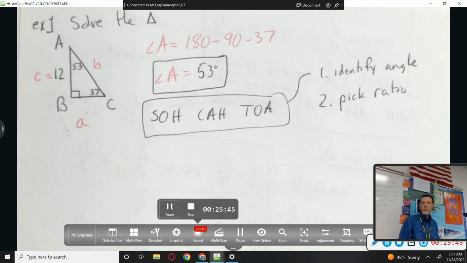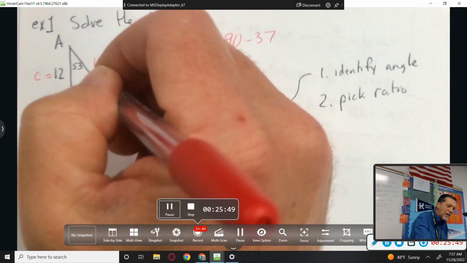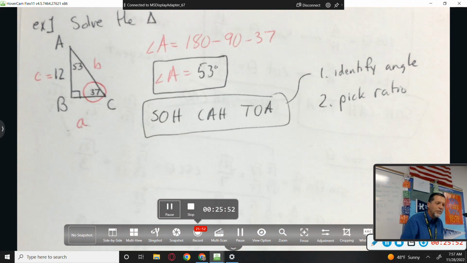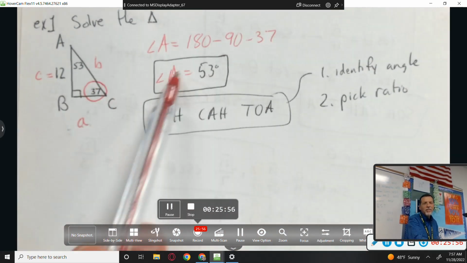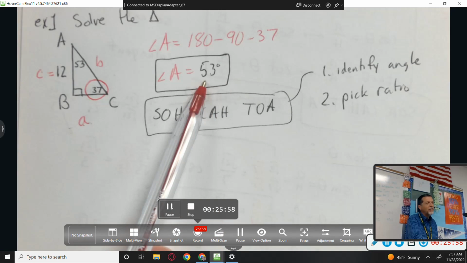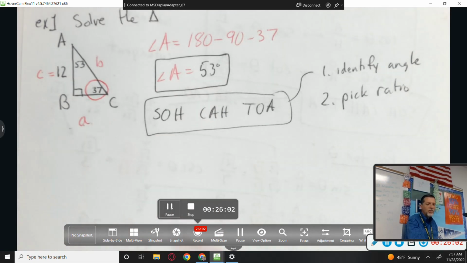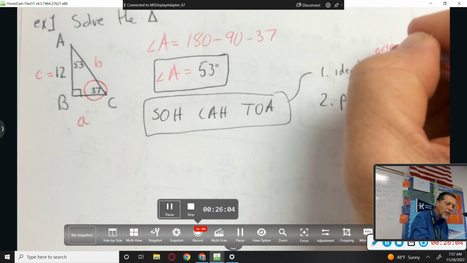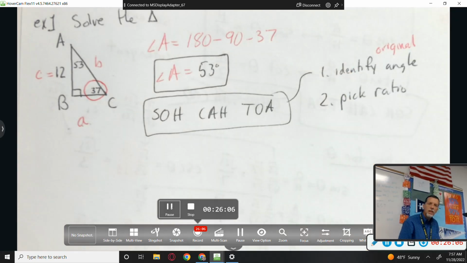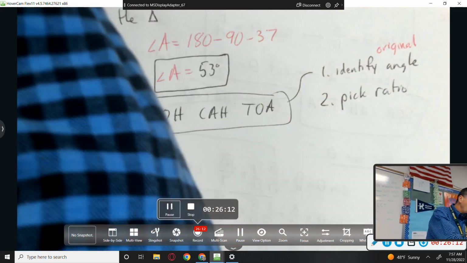It's smaller? Fair. I would pick 37 because it was given. I know it's right. I know 53 is right too, but just in case I messed up something in figuring out 53, we should probably use original angles as much as possible. So 37 will be our angle that we're talking about. That will set who's opposite and who's adjacent.